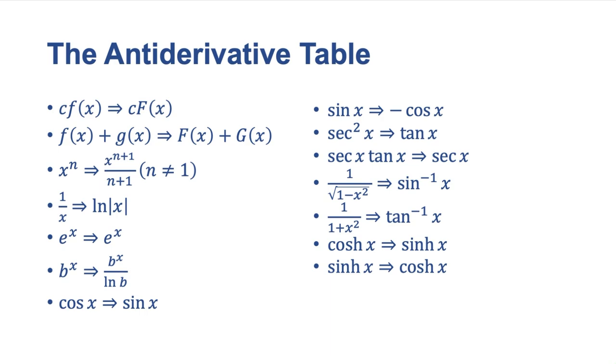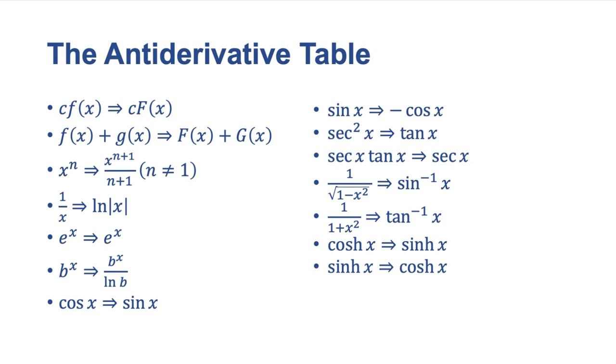If I have secant squared of x, that goes to tangent of x. If I have secant x times tangent x, then that becomes secant of x. If I have 1 over the square root of 1 minus x squared, that becomes the inverse sine of x. And if I have 1 over 1 plus x squared, that becomes the inverse tangent of x.